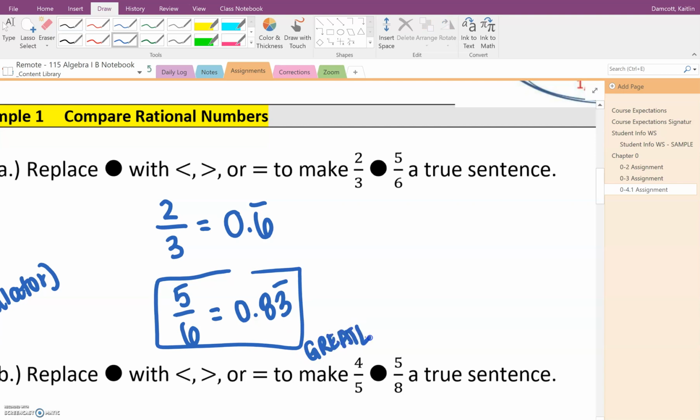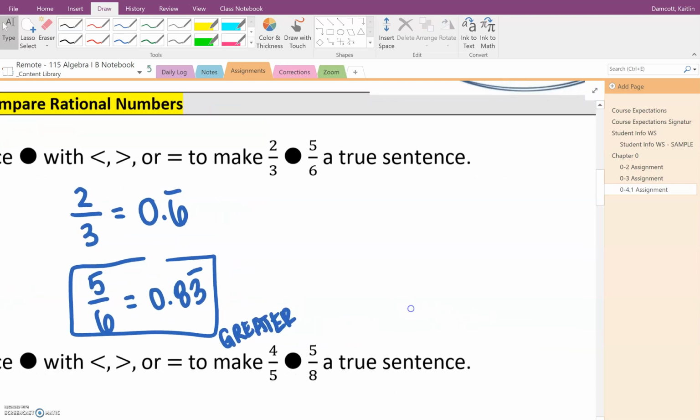So this is greater, and I'm just going to box that one in there. So when I look at these two things and compare them, 2/3 versus 5/6, I want to say that the 5/6 is bigger. So I hope you remember this. You would have done it a long time ago working with inequalities, is that you can look at it and it looks like an alligator's mouth.